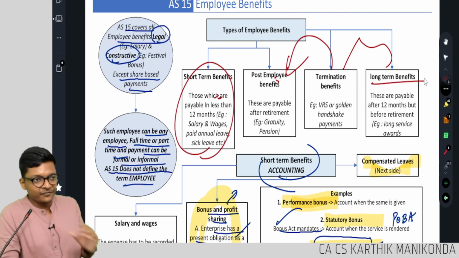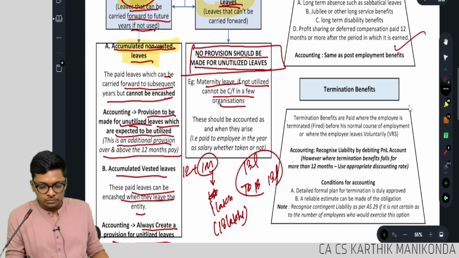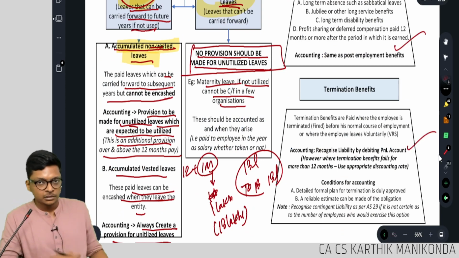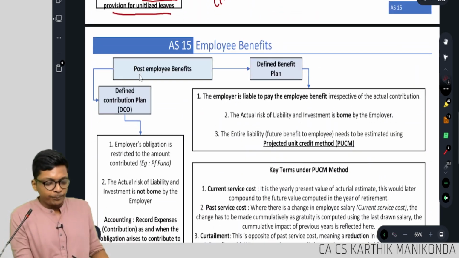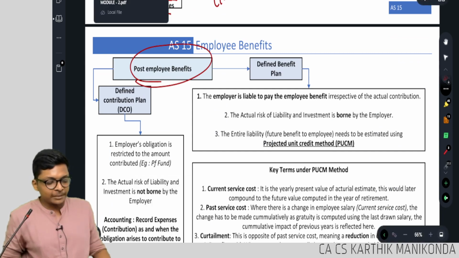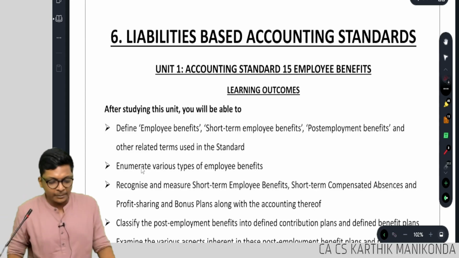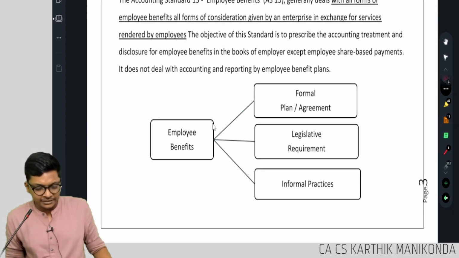And for long-term benefits, very easy. Those 2 answers are over here. 2 dabbas. The remaining 2 pages is for post-employee benefits. But before I go there, let us do sums till here from our study mat itself to gain control over this.